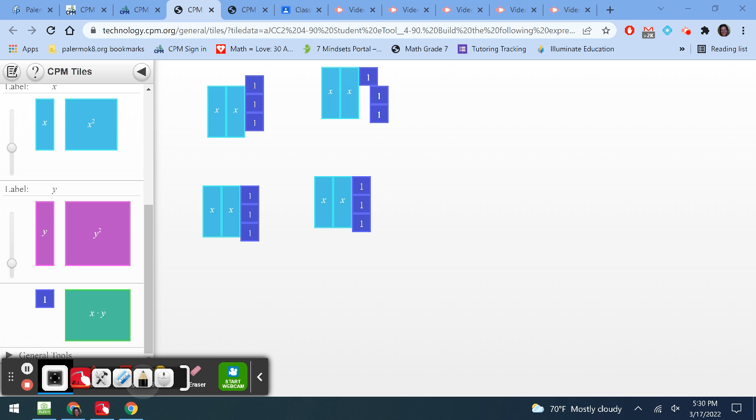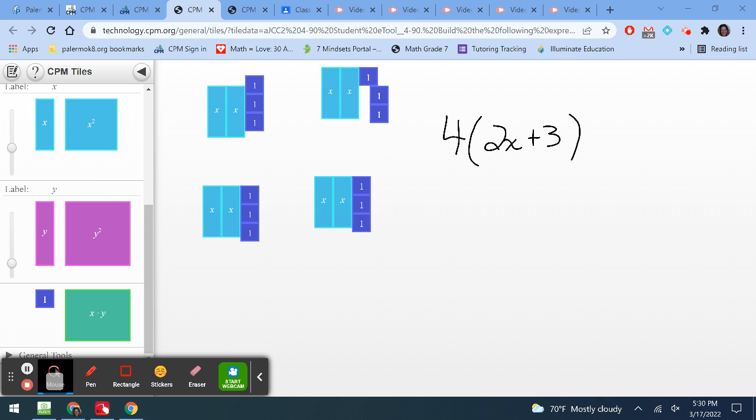So my one expression, the expression that most kids see on this is that they see the 4 groups of 2x plus 3. But how many is it all together? How many tiles are there of each kind? We want to combine like terms.